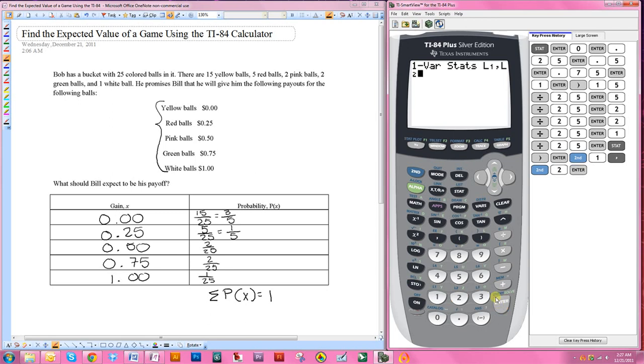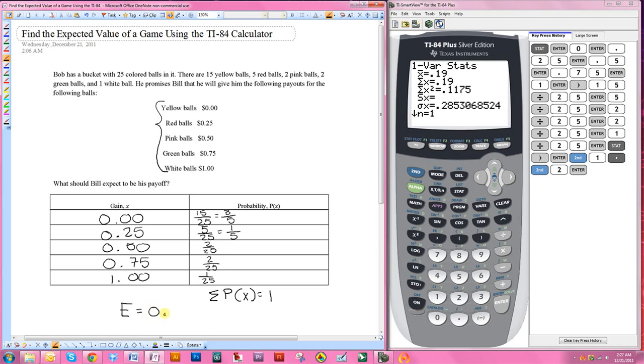Press Enter. Now here we have the mean is equal to 0.19. Now generally you're going to list the expected value as an E instead of writing it as a mean. So we're going to say E is equal to 0.19.